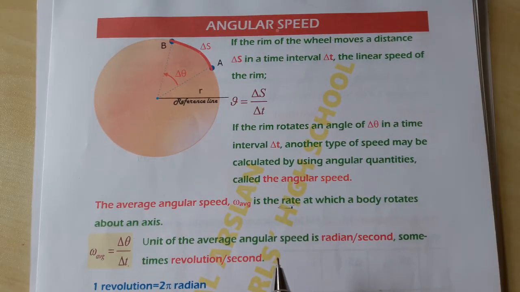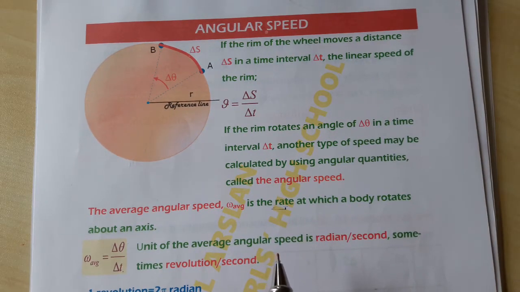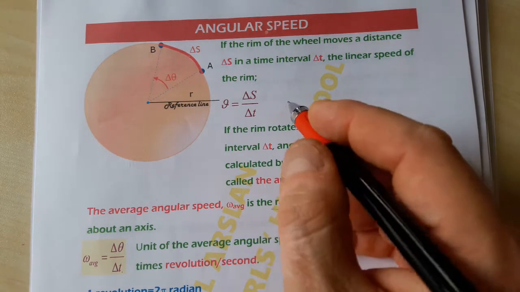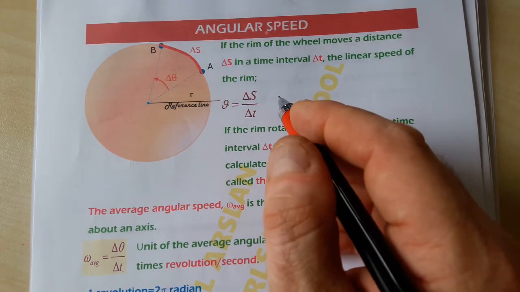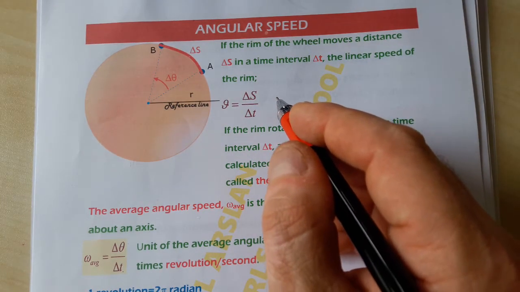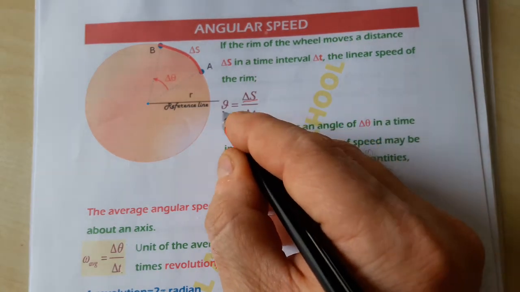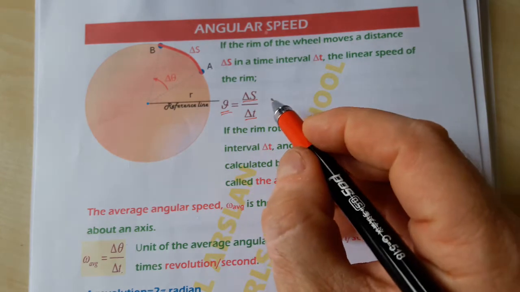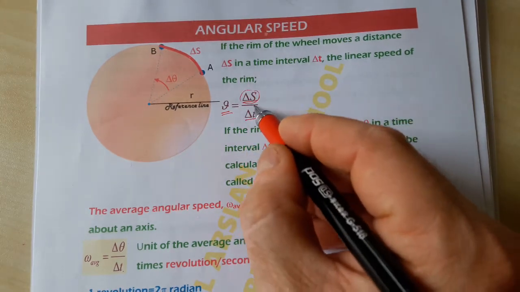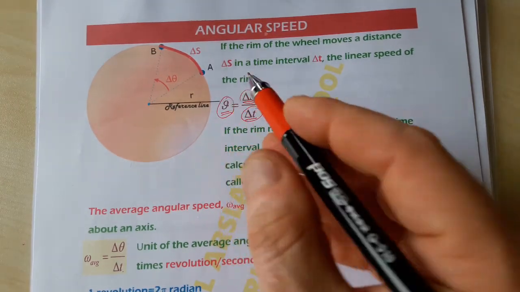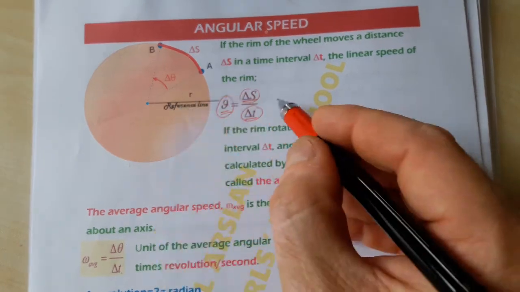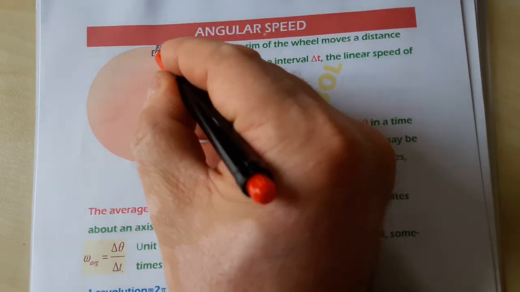The following physical quantity in rotational motion we are going to define is angular speed. In fact, we know what speed is. If an object moves a distance delta s in a time delta t, it is called the speed of that object. Distance divided by time is speed. In rotational motion, distance is arc length, delta s.